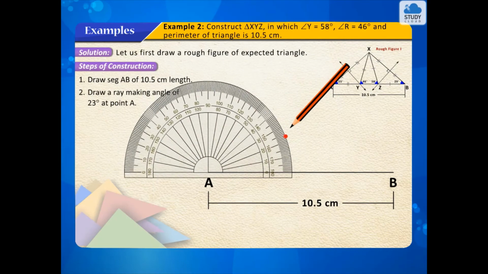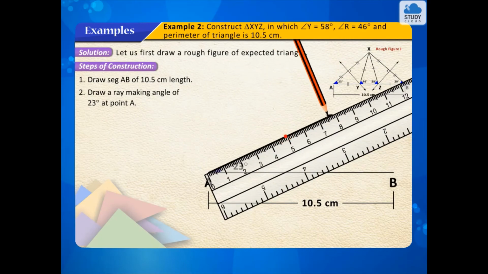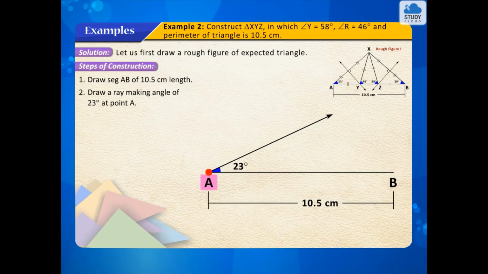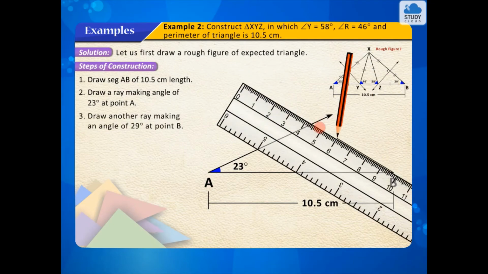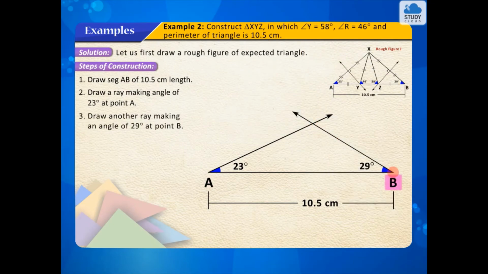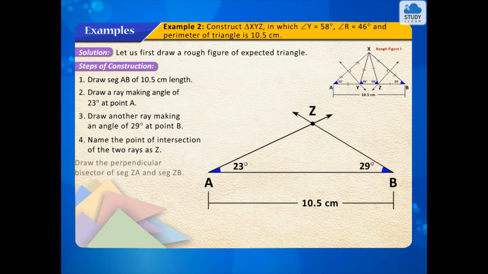2. Draw a ray making an angle of 23 degrees at point A. 3. Draw another ray making an angle of 29 degrees at point B. 4. Name the point of intersection of the two rays as Z. 5.